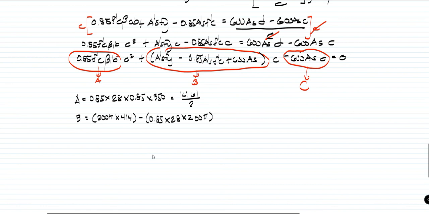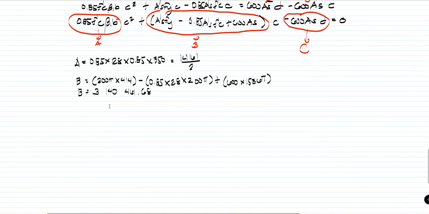So that is yung 0.85 A prime S F prime C plus yung 600 times the AS, which is 1536 pi. So the value of B will be equivalent to 3,140,461.68. So yan ngayon yung coefficient natin for B.